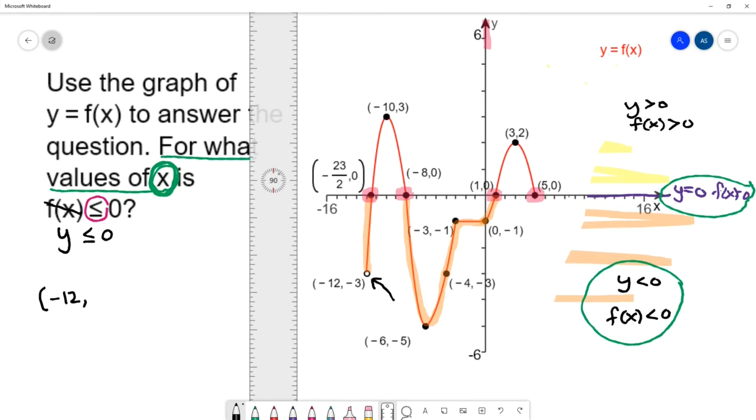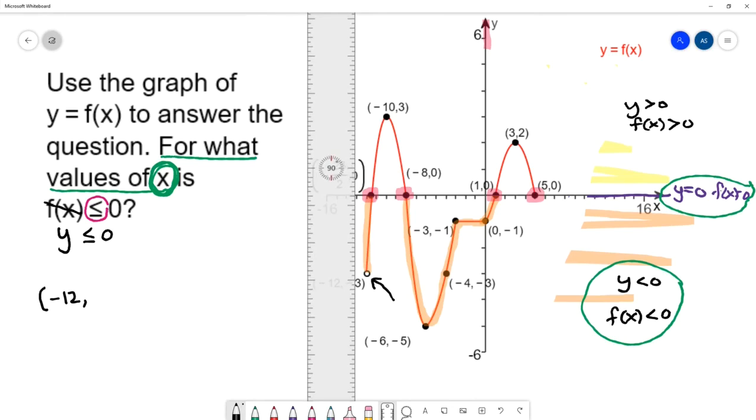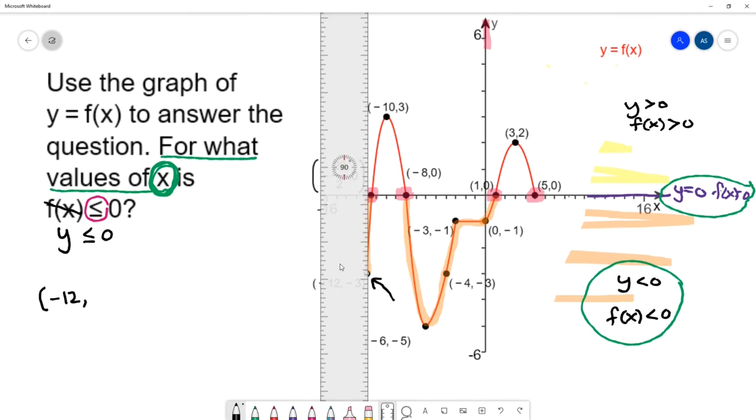Open circle means that that point is not included in the graph. And in interval notation, a parenthesis is used when the endpoint is not included in the set. So that's our first x. So that's my first x.